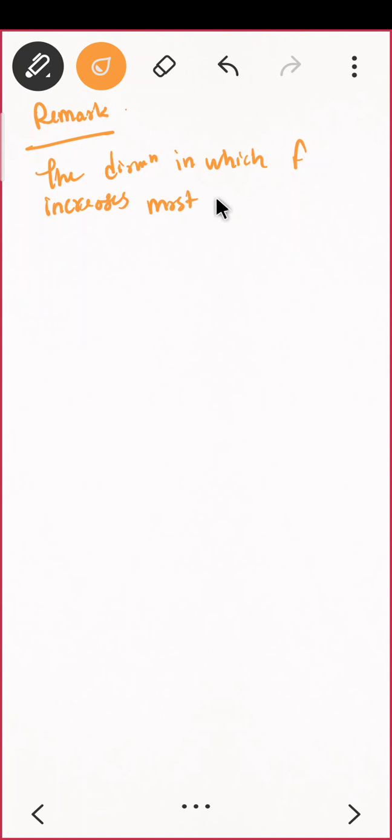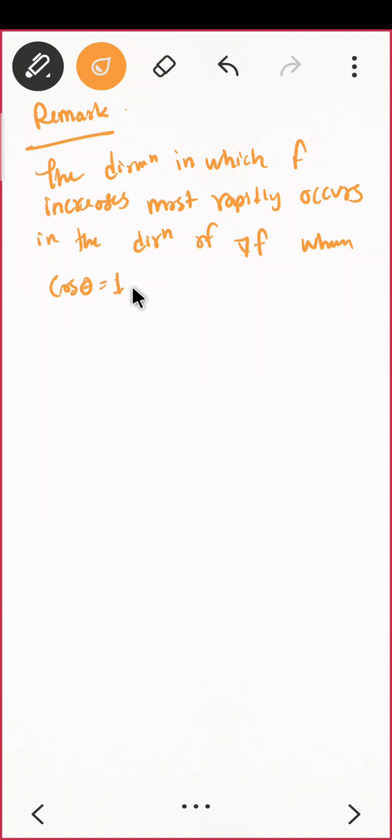Let us write one remark. The direction in which f increases most rapidly occurs in the direction of del f, that is when cos theta is 1. Correct? In the direction of del f.